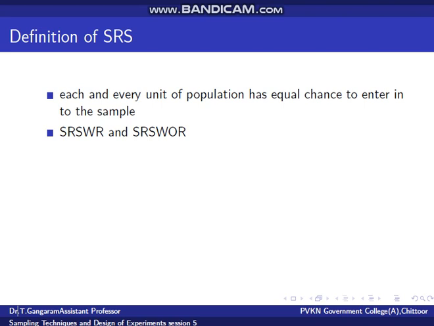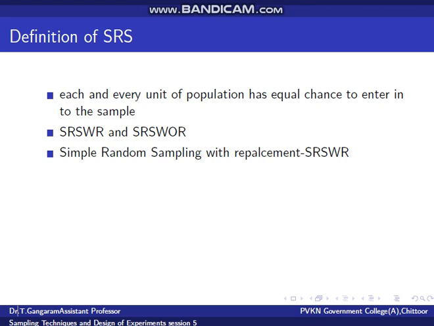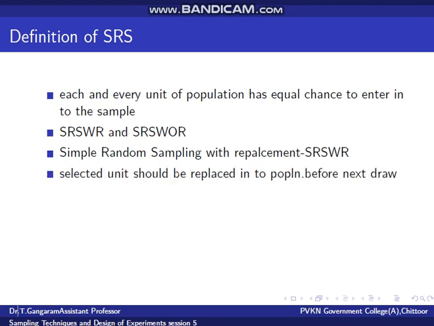Let us look into the first concept, simple random sampling with replacement. Here, the selected unit should be replaced to the population before the next draw. So, the size of the population is the same for every draw.